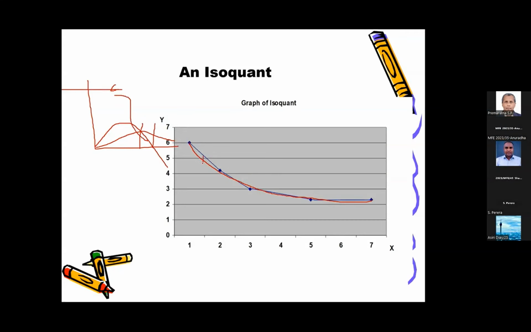That law of diminishing returns is reflected in the isoquant curve also. That's why it's always negative. We don't take the positives. Usually this isoquant curve shows the substitution of one input for the other.